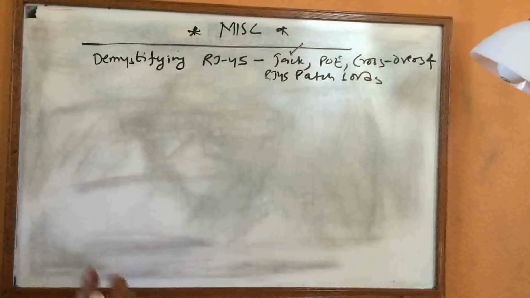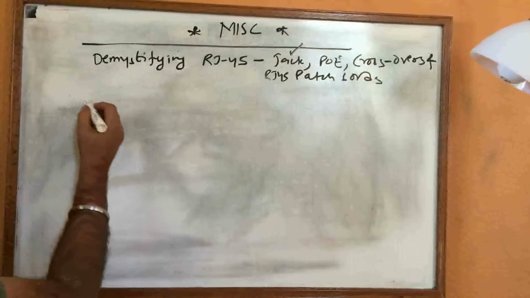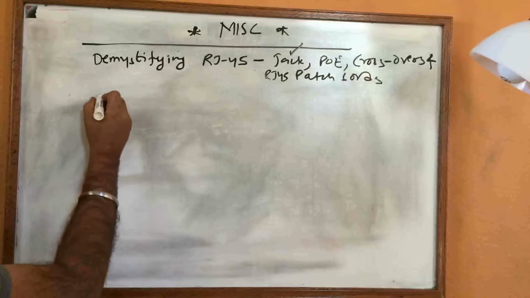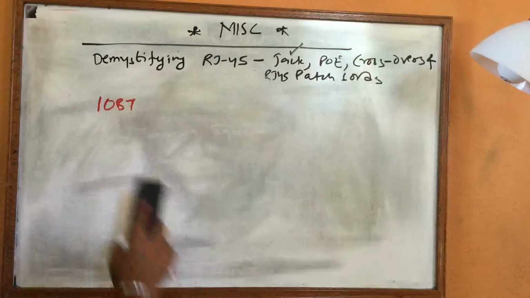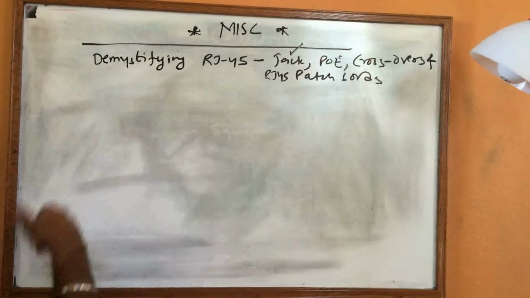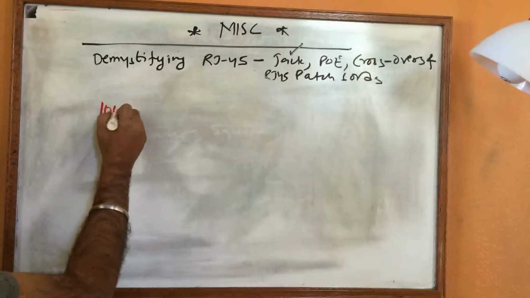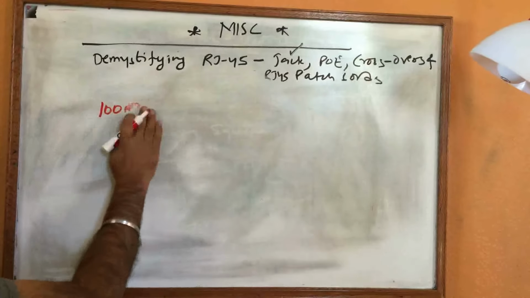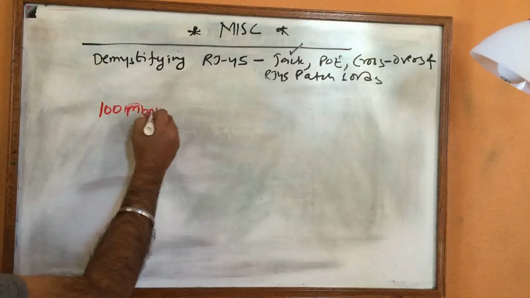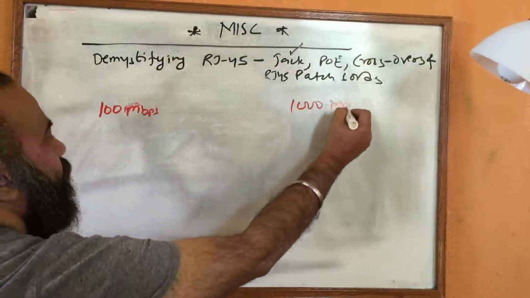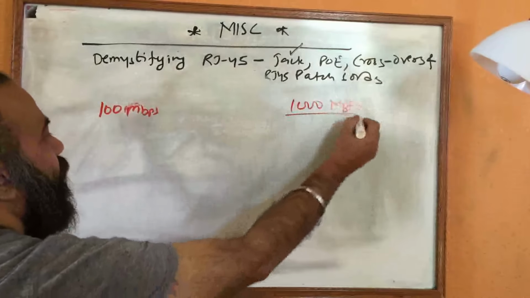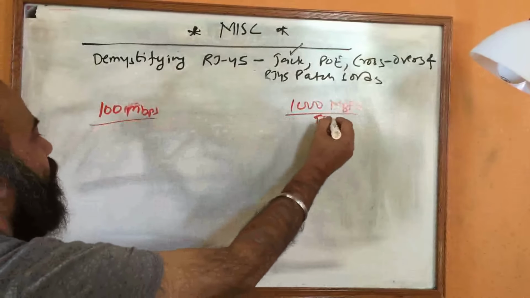Before we go there, as I have been telling you in the previous few minutes, there is a difference between 10BT, which we are not going to talk about now at all because there are no 10 Mbps networks, so we will say 100 Mbps networks and 1000 Mbps, gig networks.